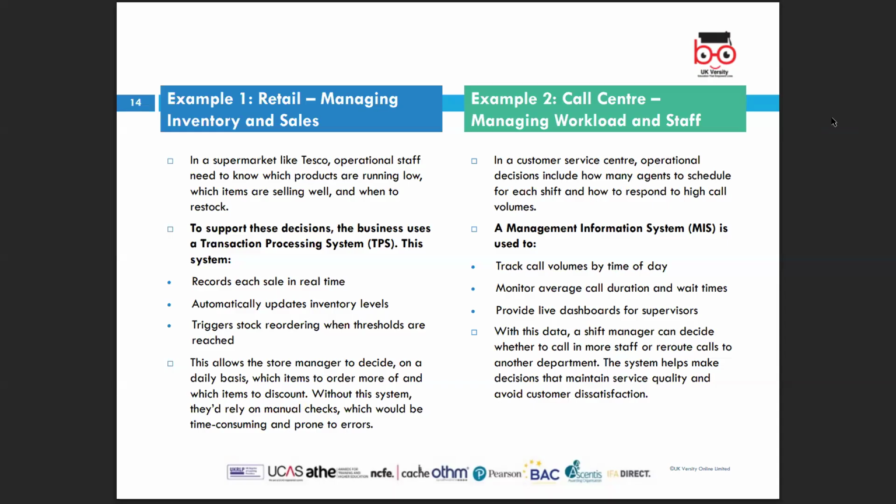They rely on management information systems, which are used to track call volume by time of the day, monitor average call duration and wait time, and provide live dashboards and supervision. And with this data, a shift manager can now decide whether to call in more staff or reroute the calls to another department.